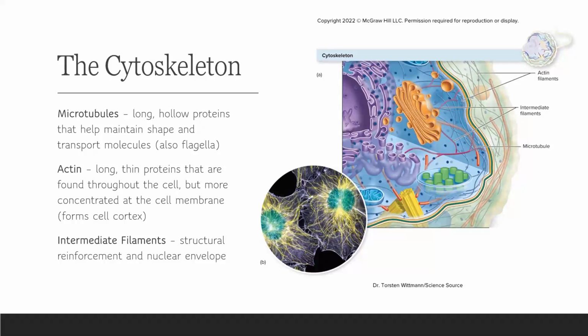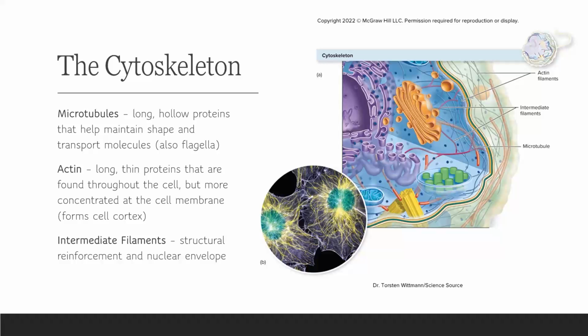Actin is made of thinner proteins found throughout the cell. We often think of them when we talk about muscles and muscle contractions. They're also more concentrated right underneath the cell membrane, helping form a meshwork that gives structure to the cell, known as the cell cortex.